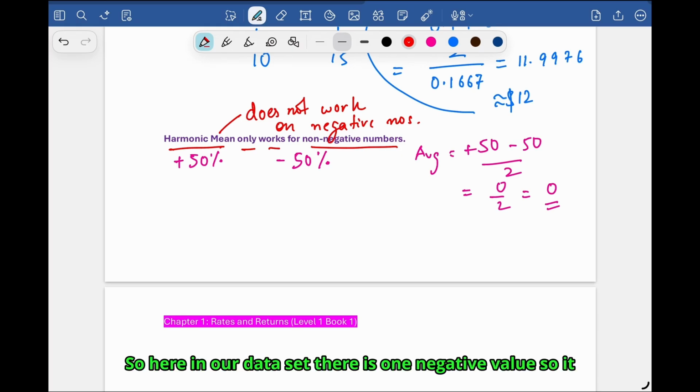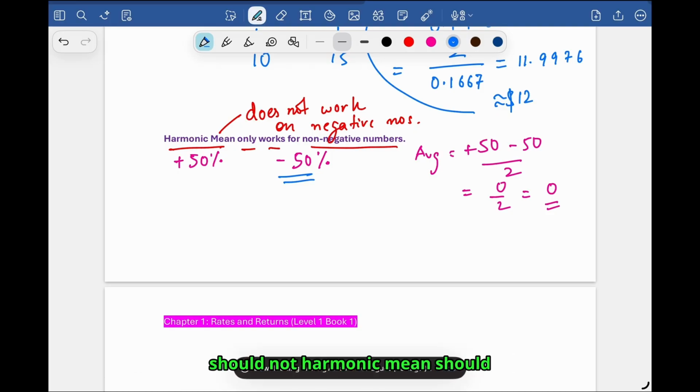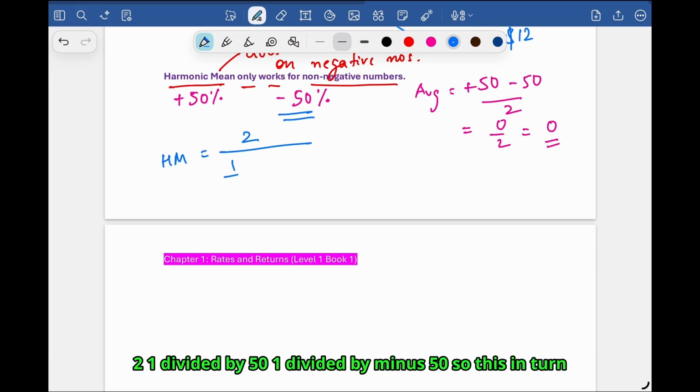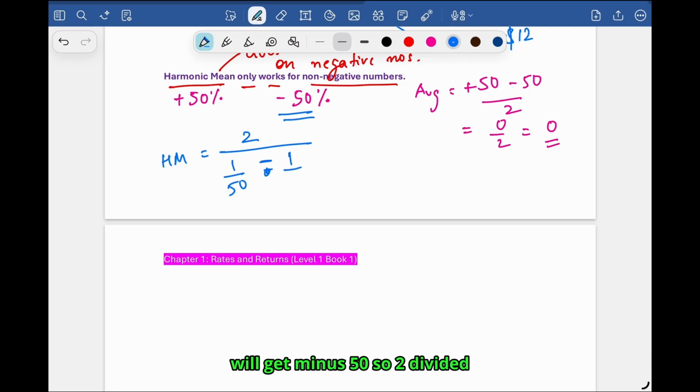So here in our data set there is one negative value, so harmonic mean should not work. Let's see. If I calculate the harmonic mean, there are two data points, so 2 divided by 1 by 50 plus 1 divided by minus 50, which gives minus 1 by 50.